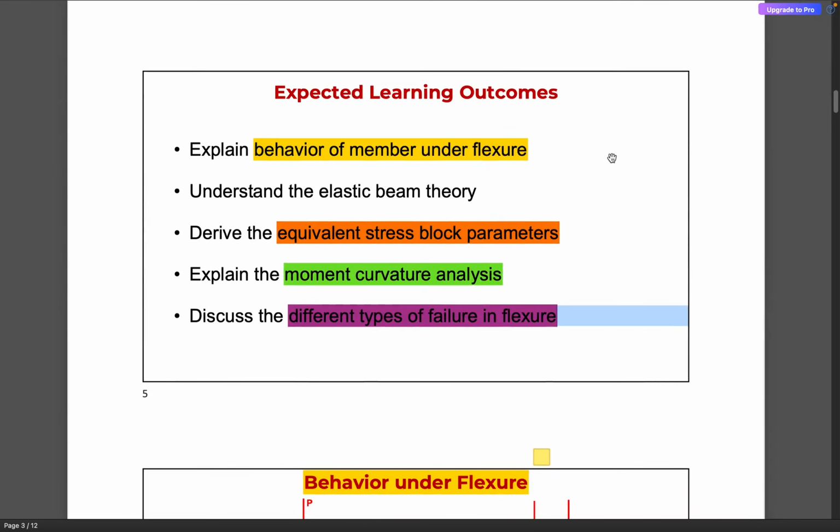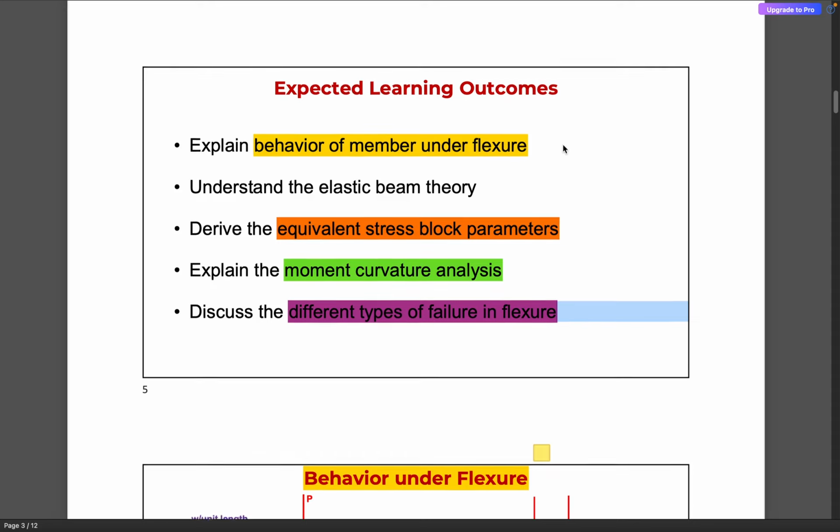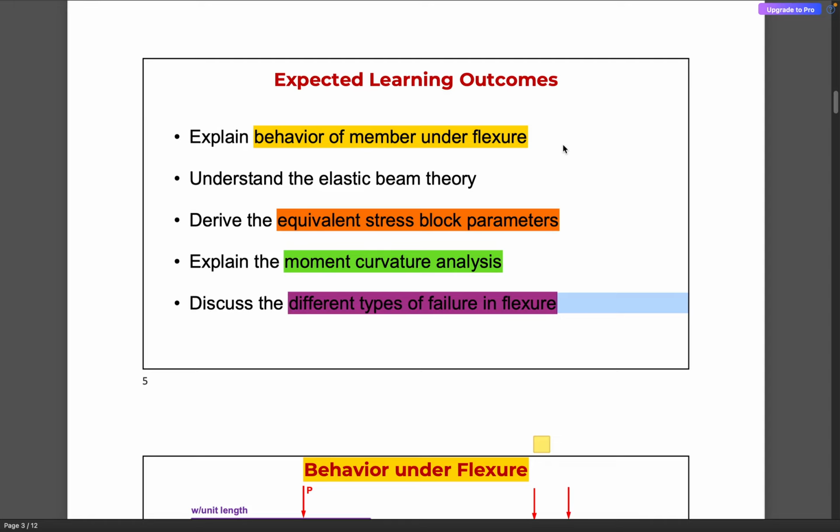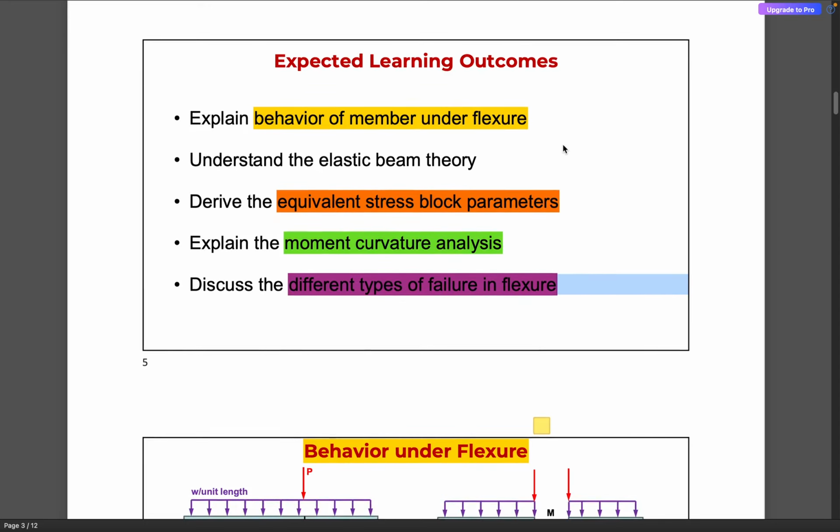The expected learning outcomes are that we are going to explain the behavior of members under flexural loading. In the previous week we looked into the behavior of members under axial loading, so we'll try to understand what flexure is. Then we are going to study the elastic beam theory. Then we are going to derive the equivalent stress block parameters in order to perform the flexural analysis.